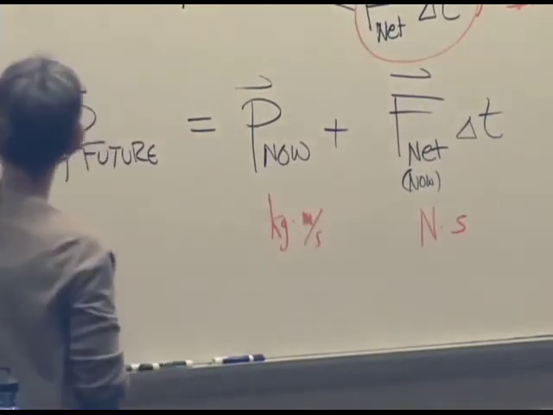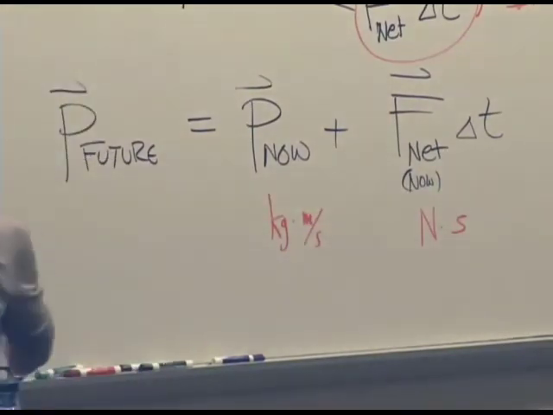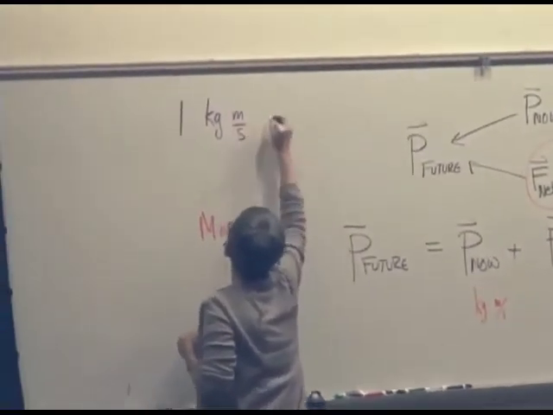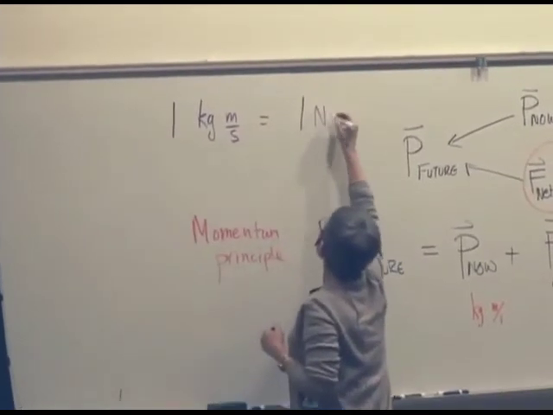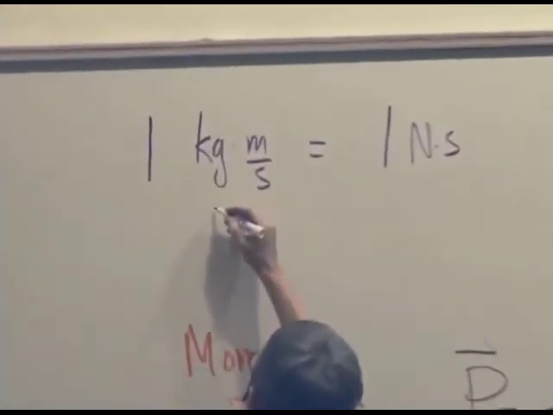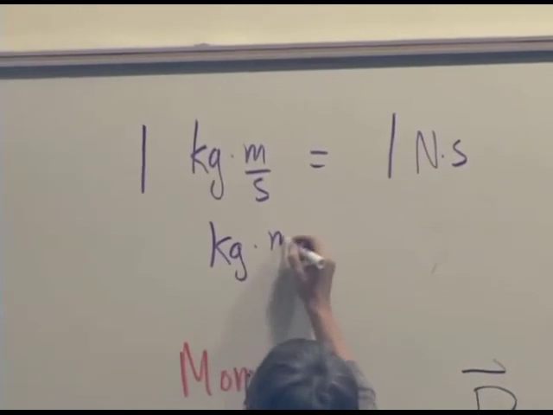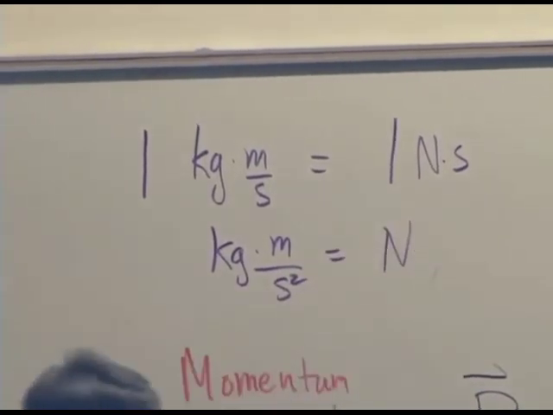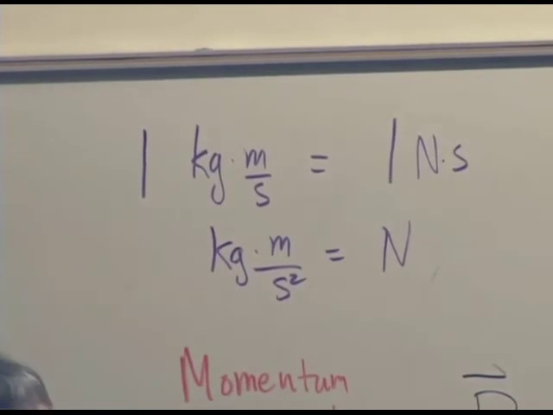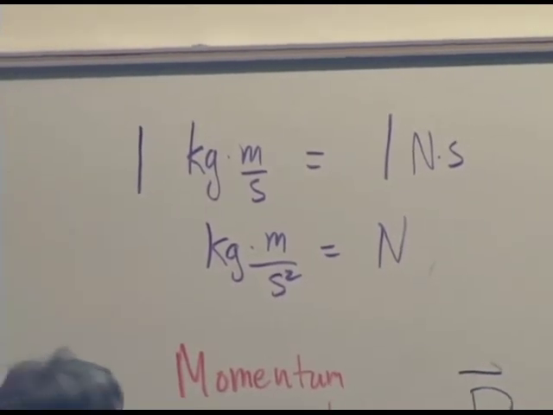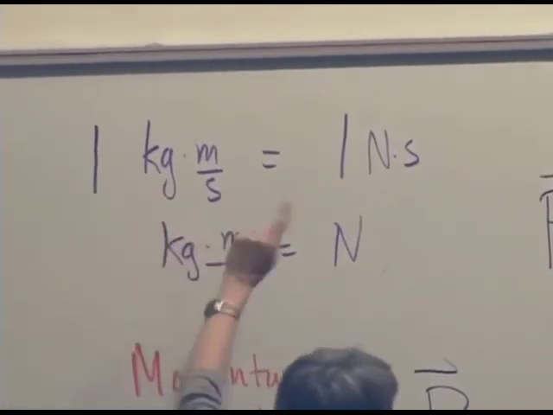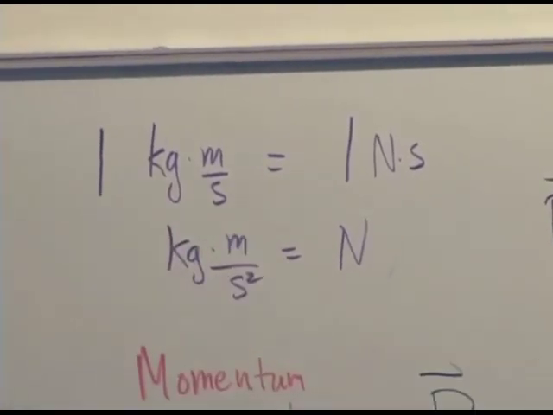So it must be true that 1 kilogram meter per second is equal to 1 Newton second, which suggests that a Newton can also be written as a kilogram meter per second squared. That's breaking it down into the fundamental SI units of distance, mass, and time.